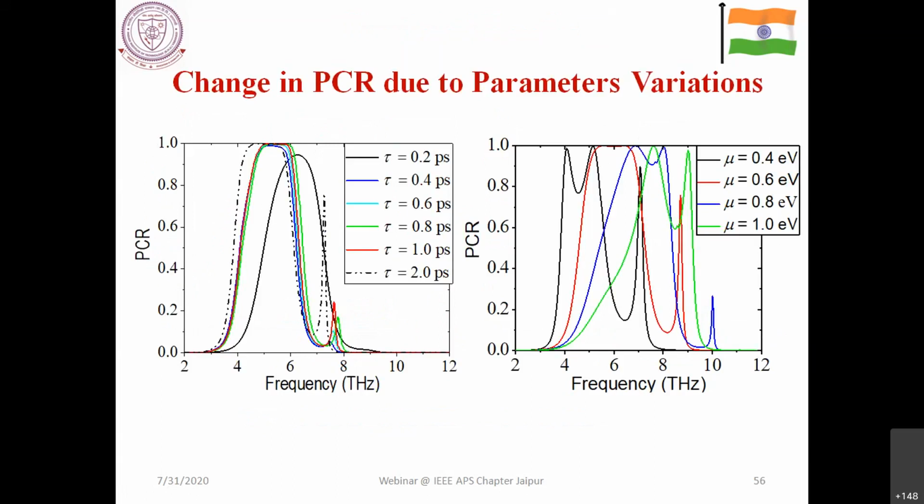As the value of tau increases, you are moving toward higher film quality. Tau is nothing but the relaxation time between the electrons, and mu is the chemical potential, which can be changed by applying strain or voltage. With that, the PCR response can be tuned accordingly, right?